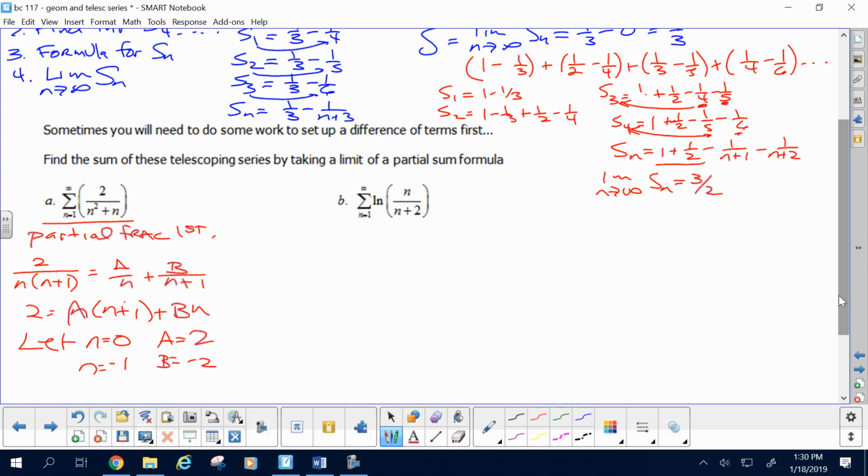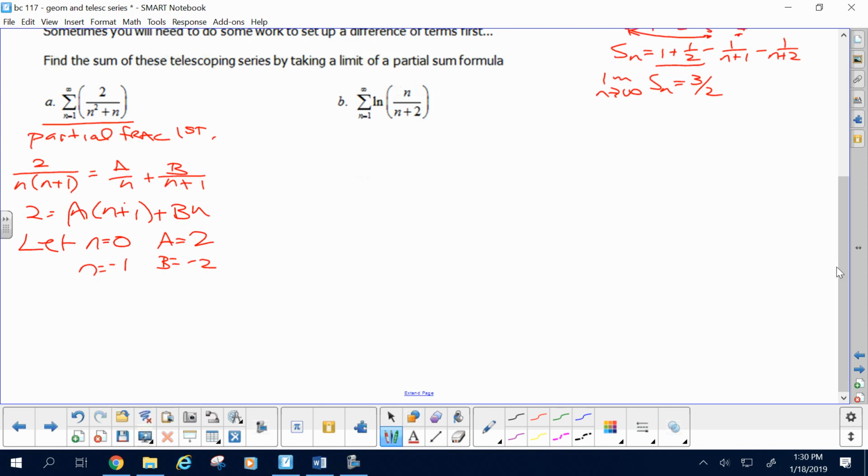Okay? So the infinite series we're given is the same as the separate 2 over n minus 2 over n plus 1. All right, now you try writing or proving that it converges to a finite sum.